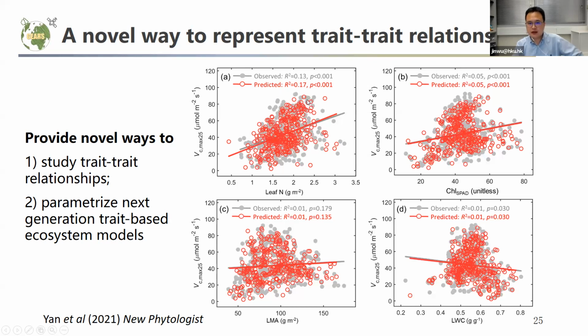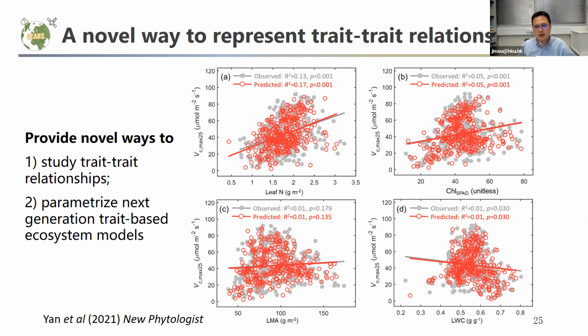Overall, we can tell the spectral prediction of the two-dimensional scatter plot captures a quite similar scatter plot to the field observation. Also quite interesting is that no matter whether the trait-trait relationship is weak or there is no relationship, the spectral approach can capture it quite well.